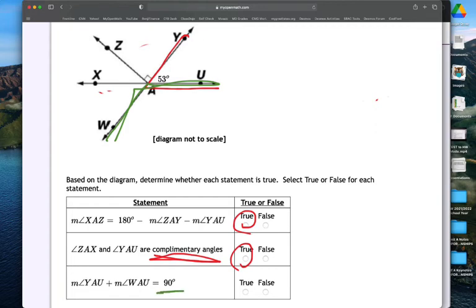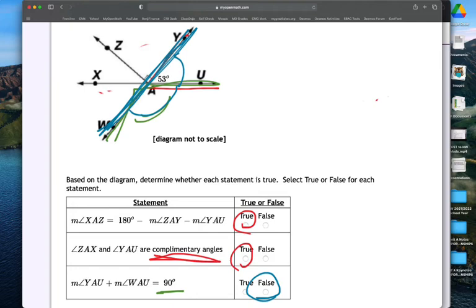Well, that cannot be the case. First of all, this angle right here is clearly more than 90 degrees, and 90 and 53 is more than 90. And then another reason is both of these angles lie on that line right there. So that means they have to both add up to 180, which would actually make them supplementary. So this question is false.